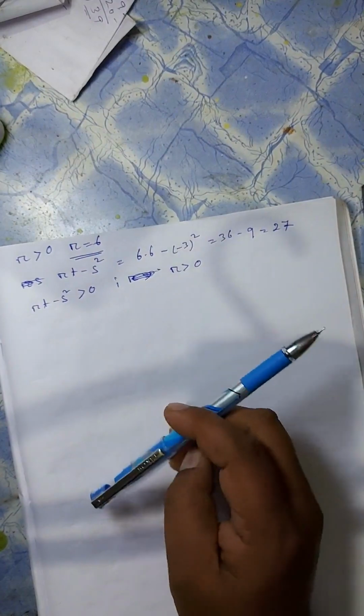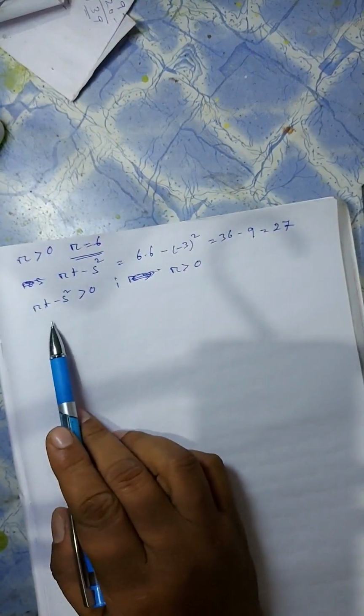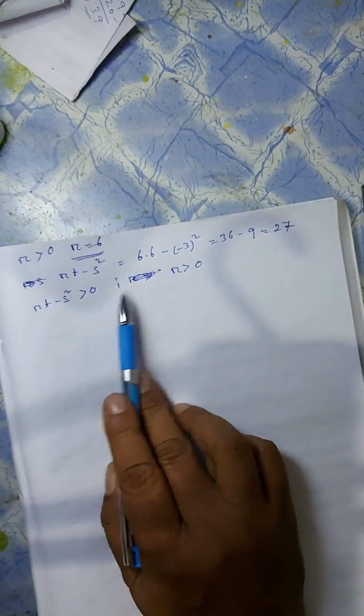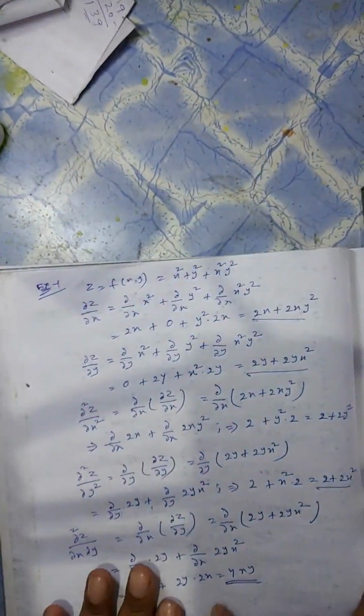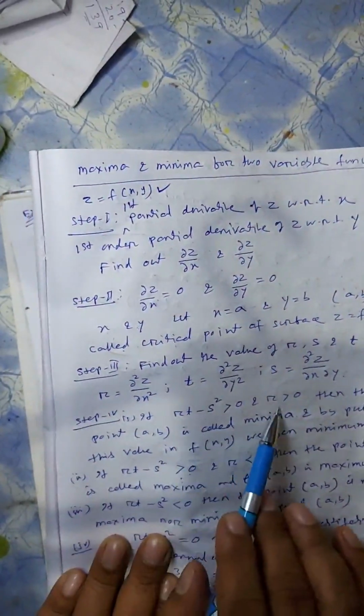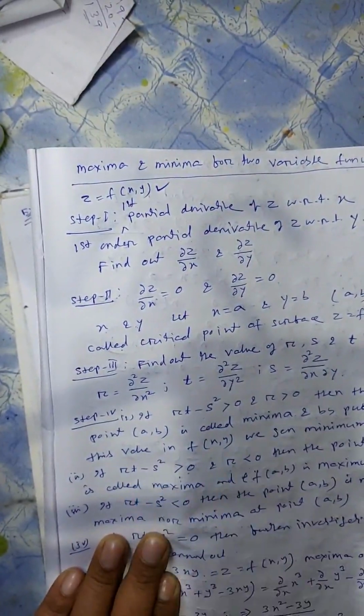The condition is that this one, 27, rt minus s square is greater than 0 and also r value is greater than 0. When these two values are greater than 0, then the point, here (1, 1), is called minima.